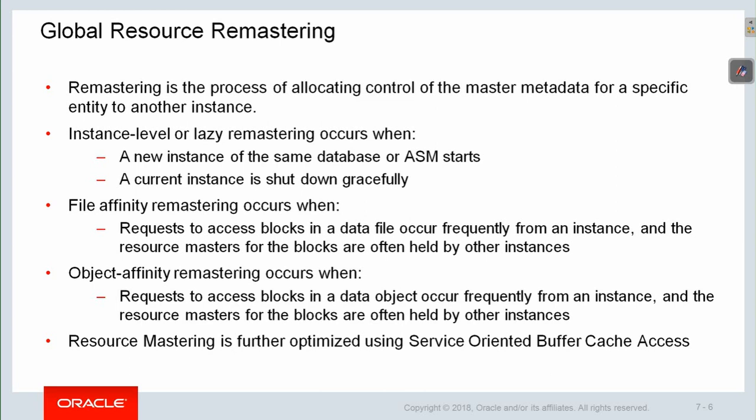So if you have sessions connecting through a service, and the service is running on 2 instances of a 5-node RAC database, for example, then the ownership will be distributed only across the instances where the service is running. That is another optimal way to manage resources and ownership.